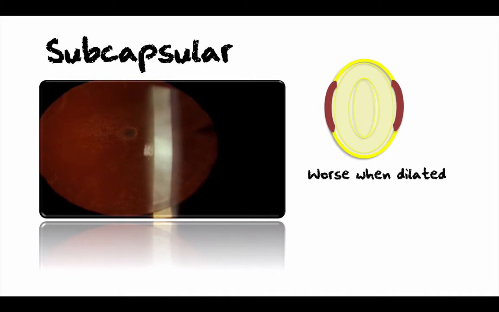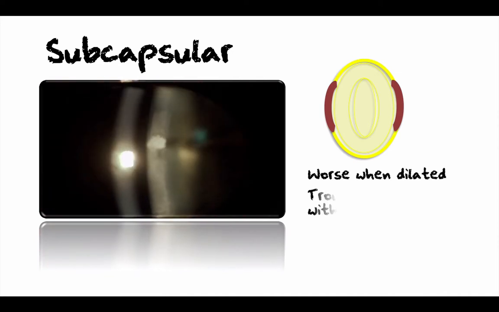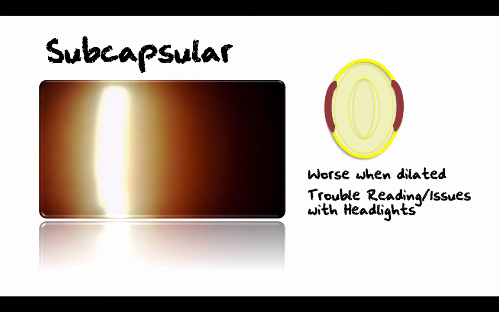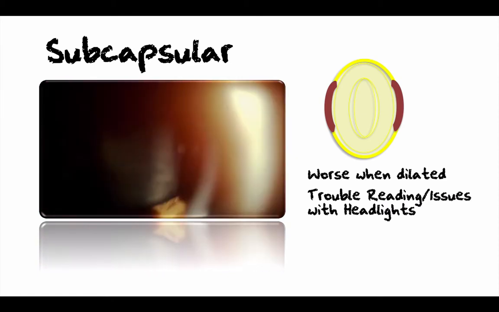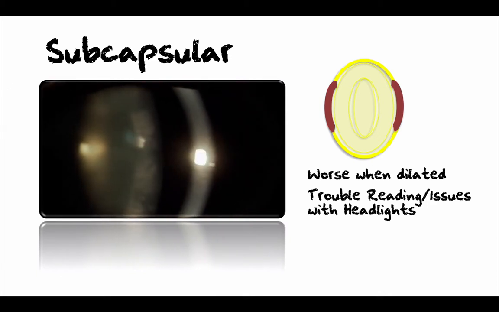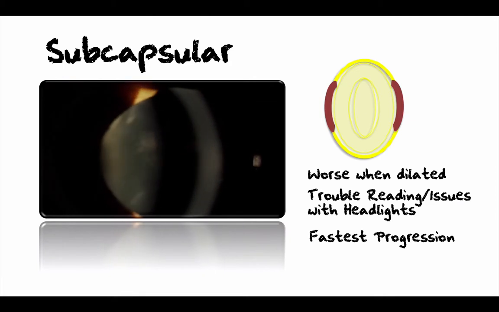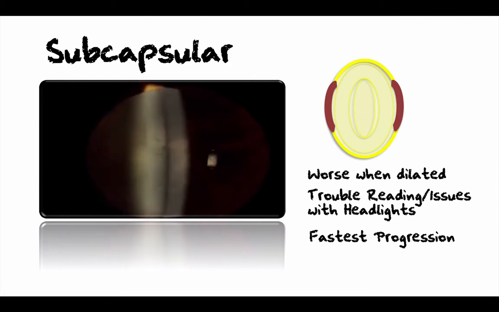Pupillary constriction tends to magnify the symptoms, so patients often complain of trouble reading or blur with oncoming headlights. Unlike the other two main categories of cataracts, PSCs have a quicker progression rate. The progression of pre-existing PSC reaches nearly 55% after 5 years of follow-up.